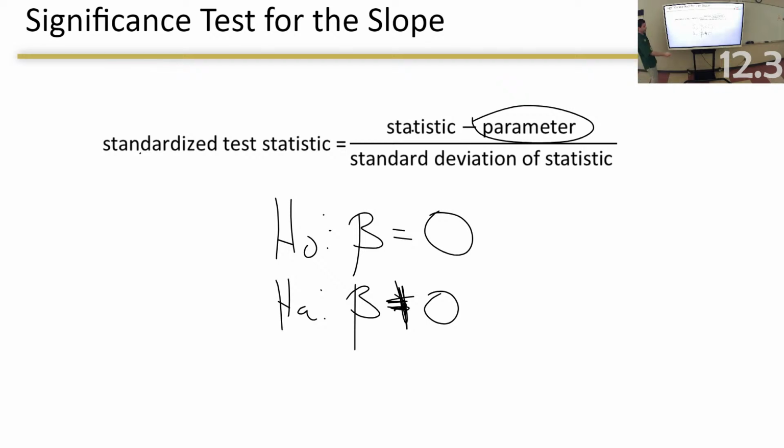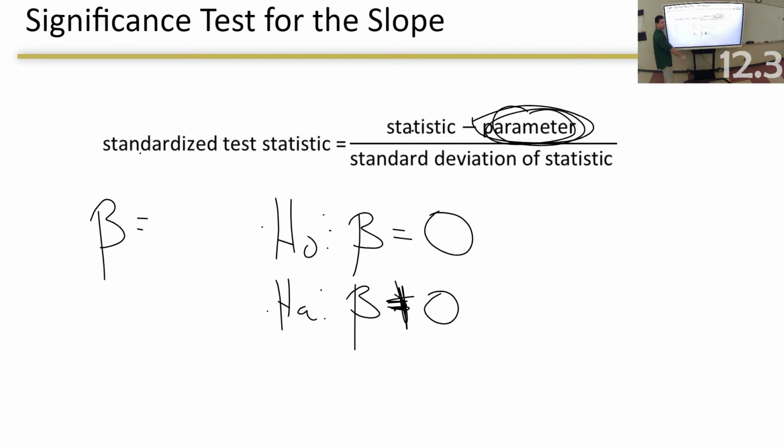So you need to know that. And then, of course, guys, you got to tell me what B is. B is the true slope of miles driven versus the price of a used truck. That you need to know, because that's the number that's going to go here.